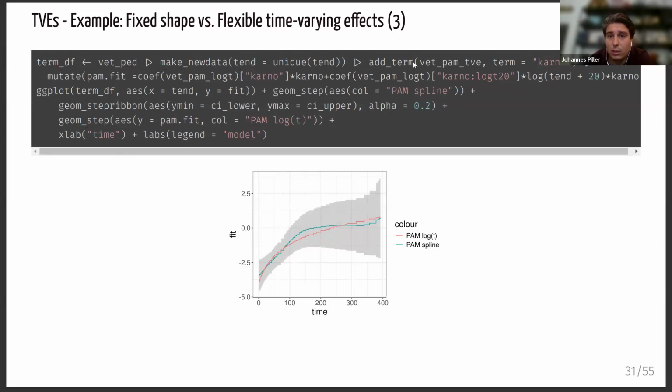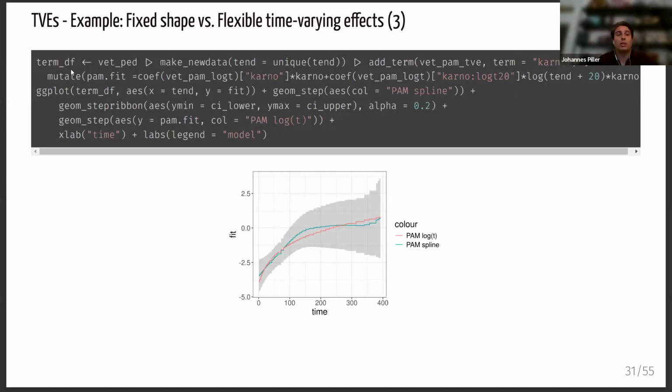And then we add our function. With add term, you can add the object which we estimated, evaluated at the input Karnofsky score. Having this inside our data, we then have a second time series in our data, which we then compare our spline to.